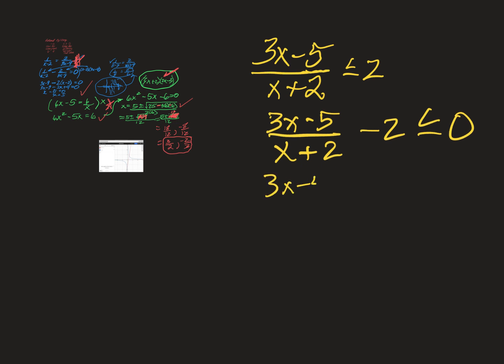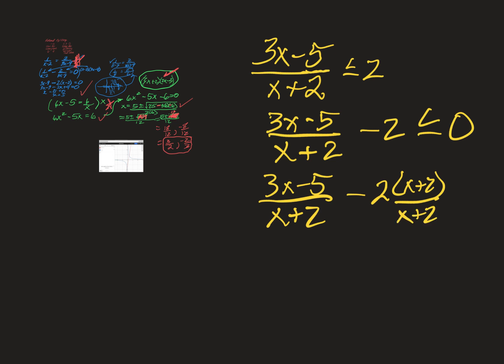So 3x minus 5 over x plus 2 minus 2 times x plus 2 over x plus 2. In other words, you write the 2 with the common denominator, less than or equal to 0.